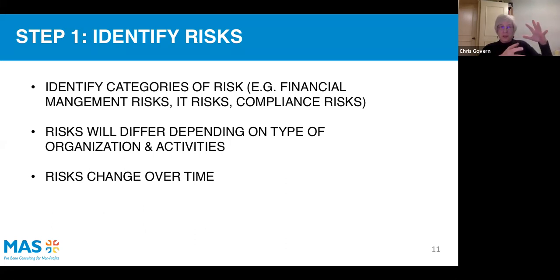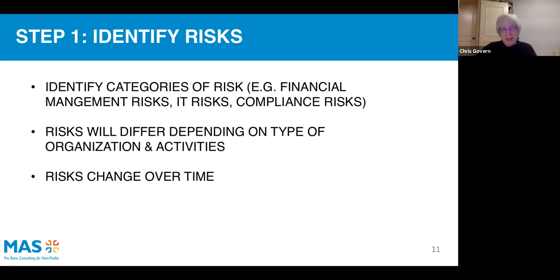And we'll talk about some of those categories, but you would all have some kind of financial management risks. You would all likely have some IT risks. They would be very different depending on your organization and what you do. You'd all have some compliance risks, but again, they might be very different, depending on your organization, depending on the activities you undertake.